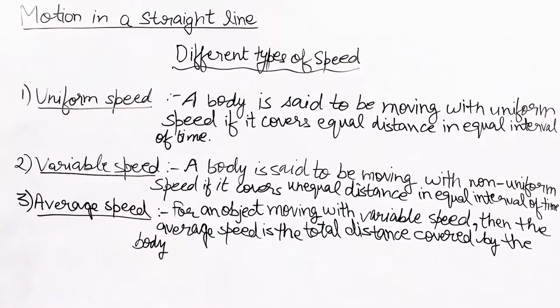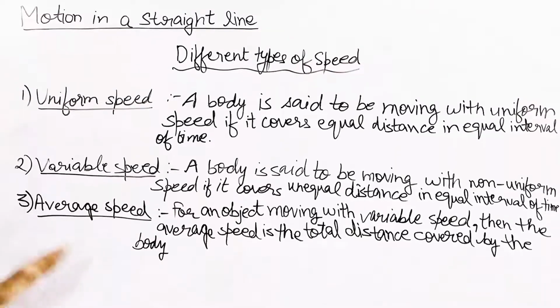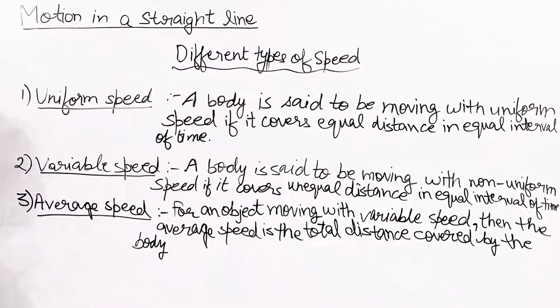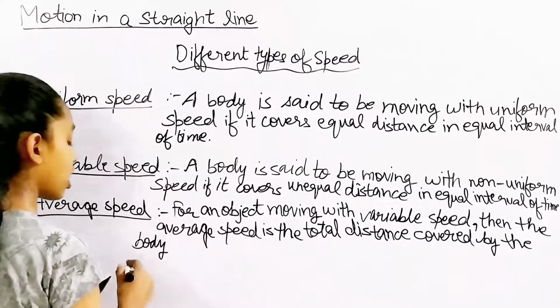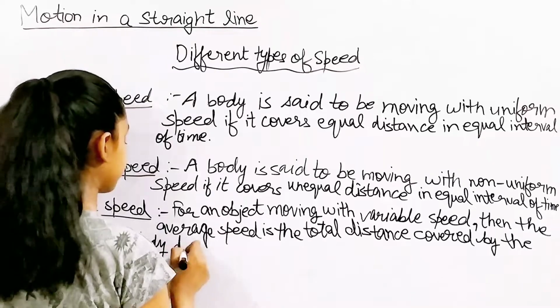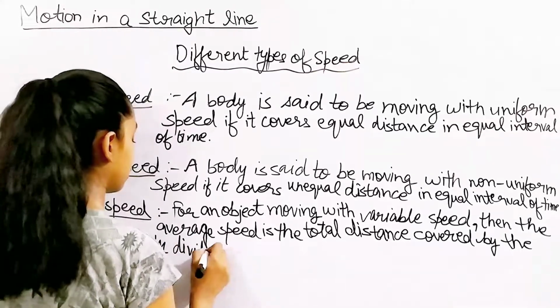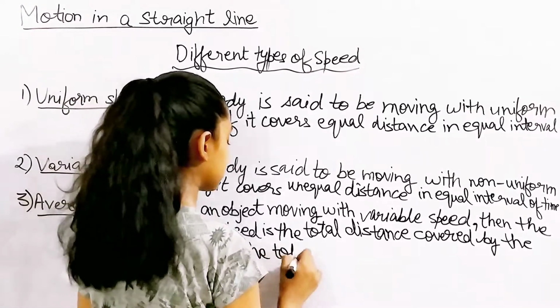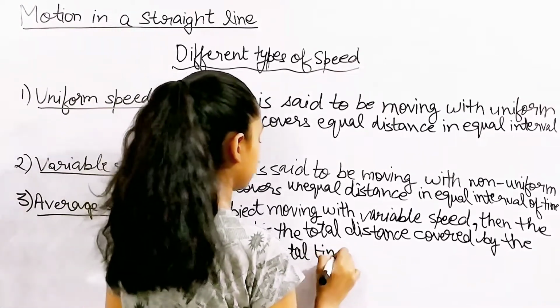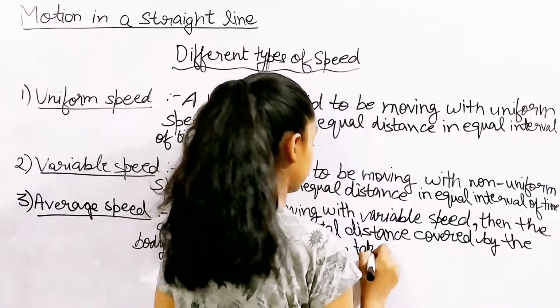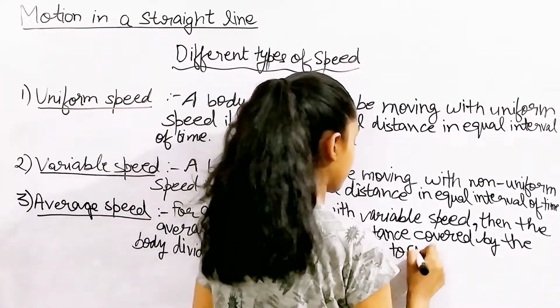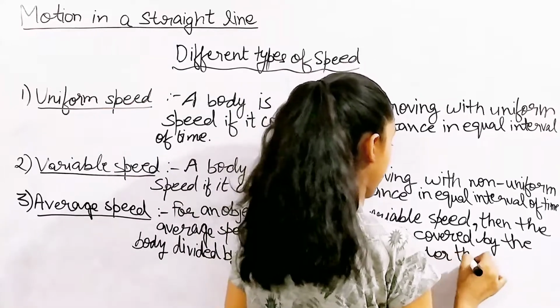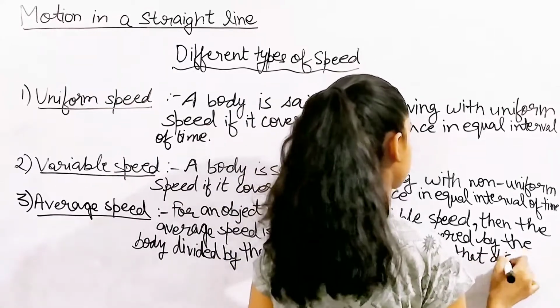Total distance covered by the body or object divided by the total time taken to cover that distance.